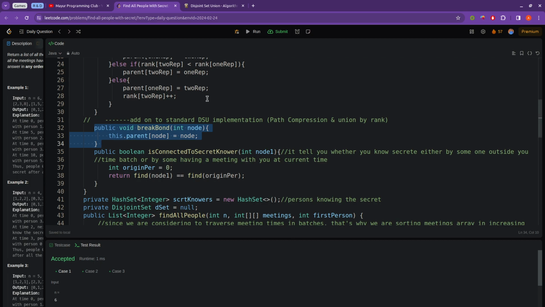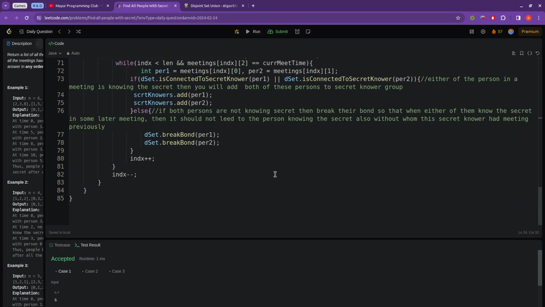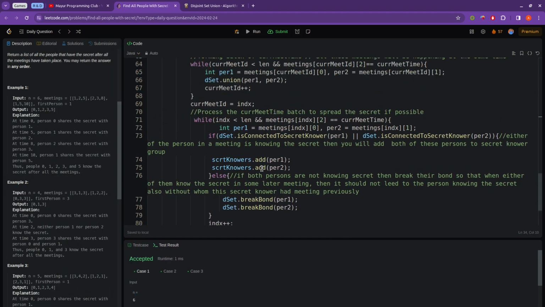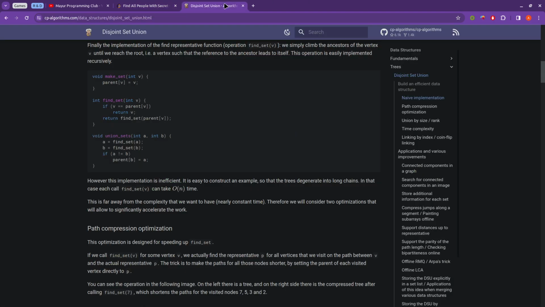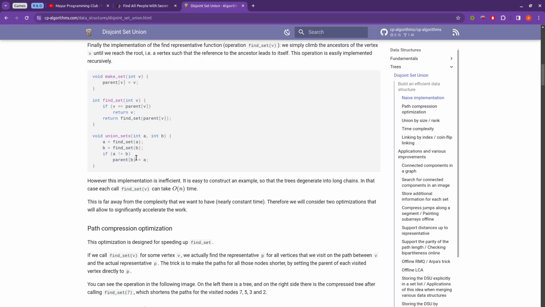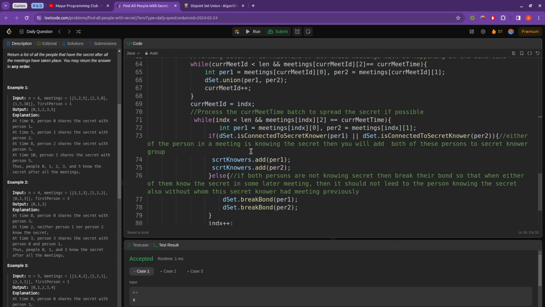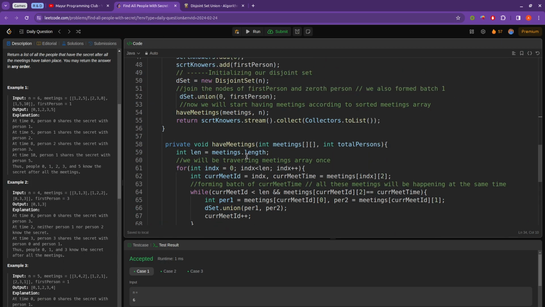So this is the bond break function, and this is the whole implementation of this particular problem, and this is how you will be solving it. It was a little hard to explain if you don't have disjoint set union knowledge beforehand, so I'll again ask you to visit this link and read everything in this article, and only then start with this approach.